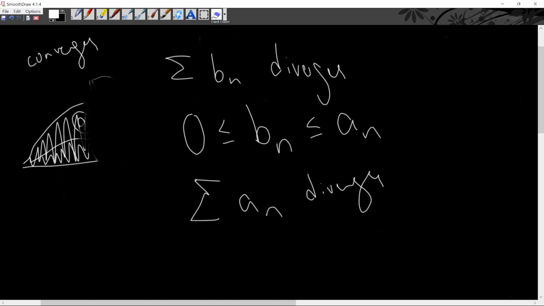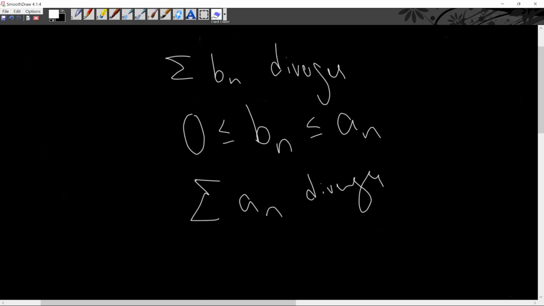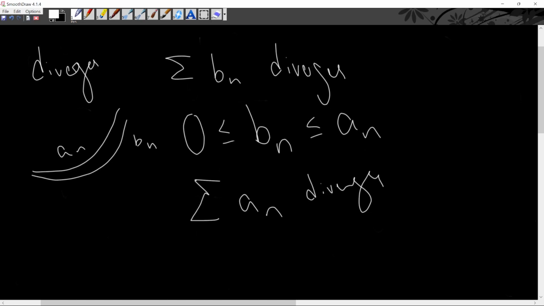And it's a similar concept for the diverging part. Like, for example, let's try and draw it. Let's say that this is a sub n, and then this is b sub n, and this is the area under the curve, or the series up to a specific value.